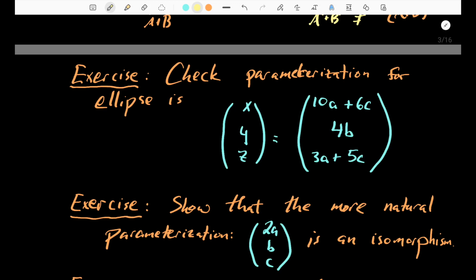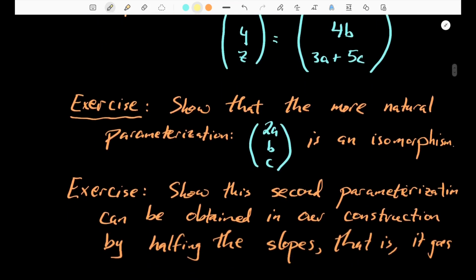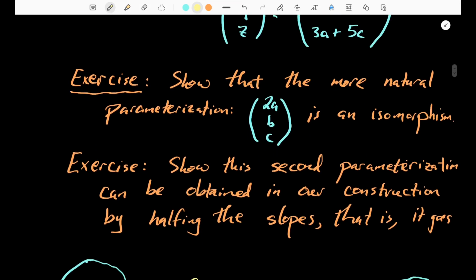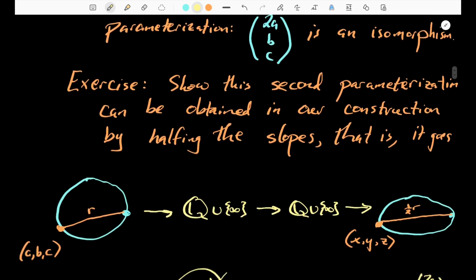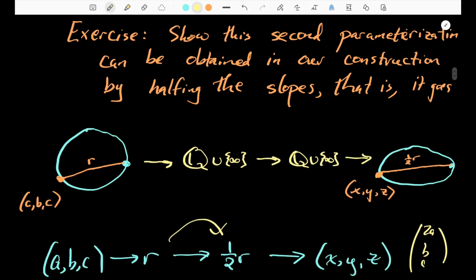Okay. All right. Next up, notice the second parameterization isn't really that different from the first one. All it is, we're still just mapping points over, but before we make the corresponding line on the ellipse, we're going to cut the slope in half.